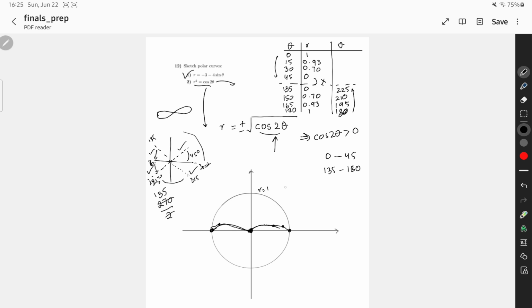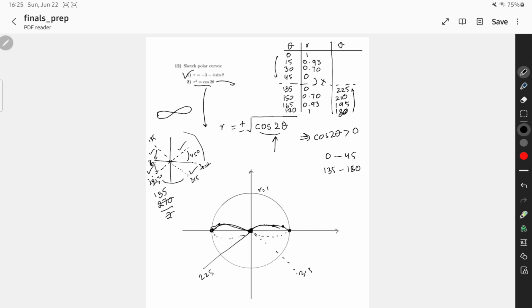So you can similarly plot from 180 to 225, which is like the middle of this quadrant. 225 is like that, so it could plot something like this. Okay, and likewise, I won't go into the detail for the last one, which is 315. It would be a similar sort of curve.